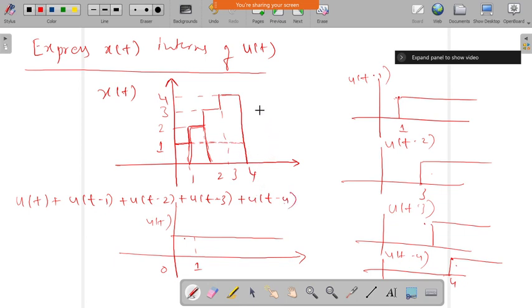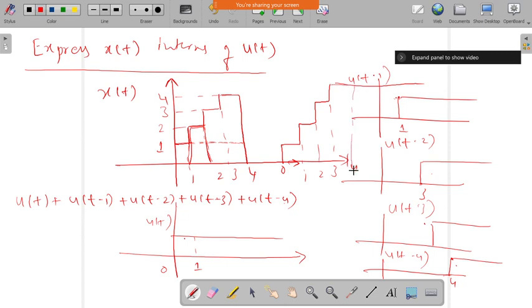What will you get? You will get it like this, from 0, 1, 2, 3, 4. At 4 it will be constant, because all the addition values keep adding up, so the amplitude is 4.